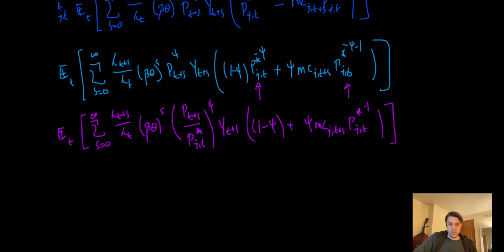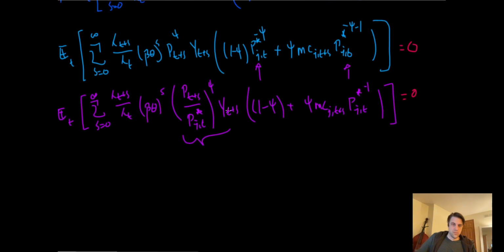Okay, and now we have precisely yjt right here, so we can make that simplification. And all this equals 0 as well, because we finally took a derivative.